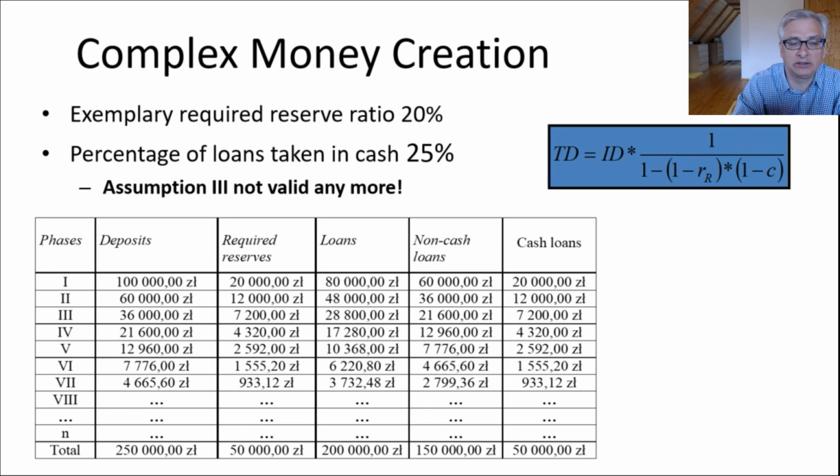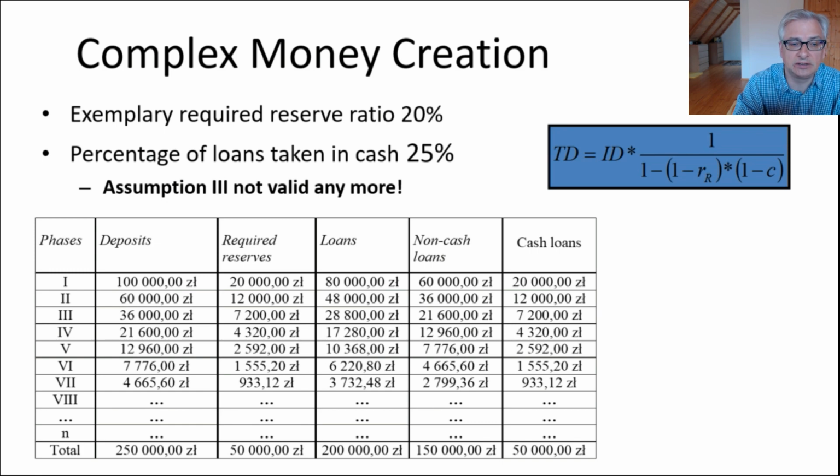To make matters more simple, we just assume that each loan taken is partly taken in cash, like 25% in cash, and it is partly taken as a non-cash loan.